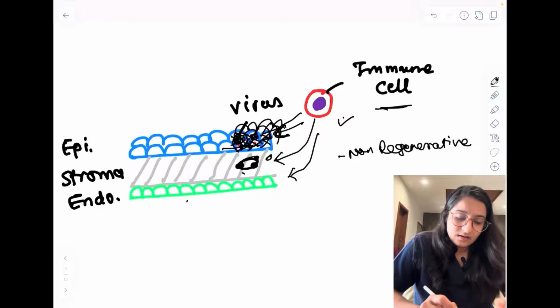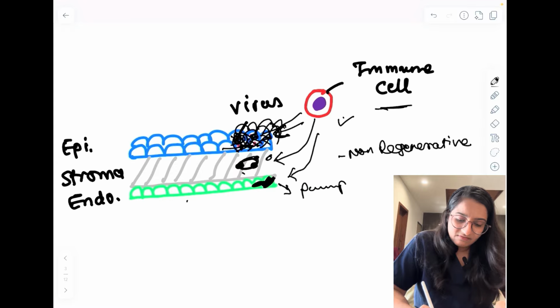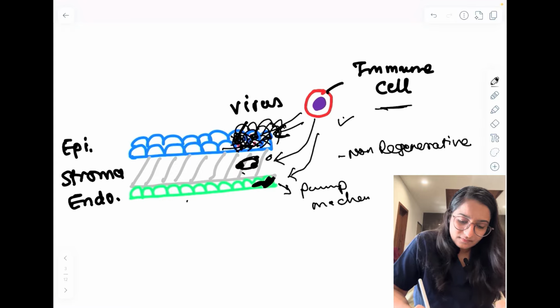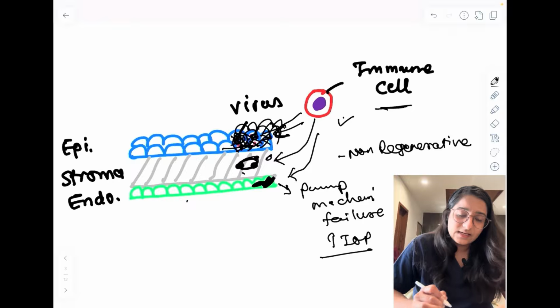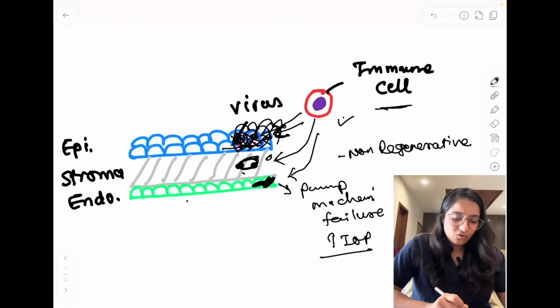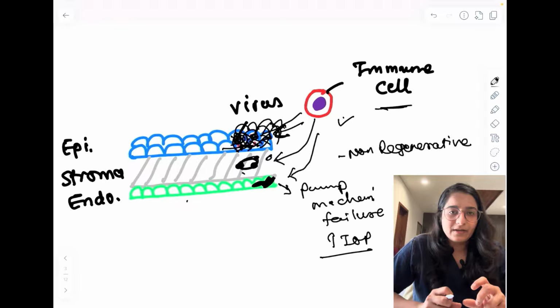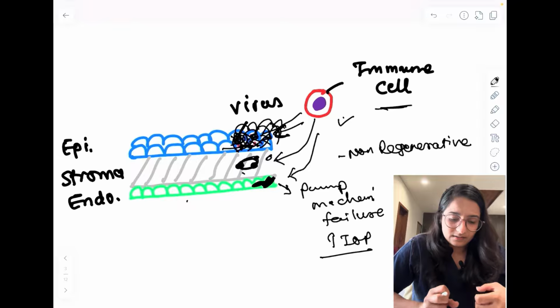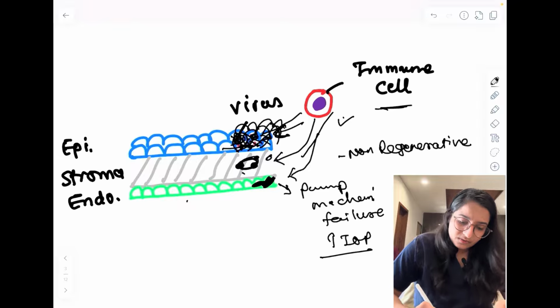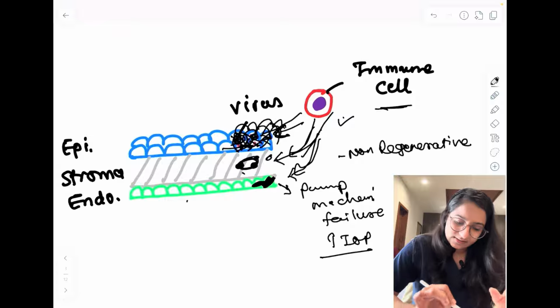Okay, so it is not favorable. And when the endothelial cell layer gets destroyed, it causes pump mechanism failure and increase in IOP. So this stromal and endothelial cell damage is not favorable to us. So we don't want immune cells to destroy stromal or endothelial cells.